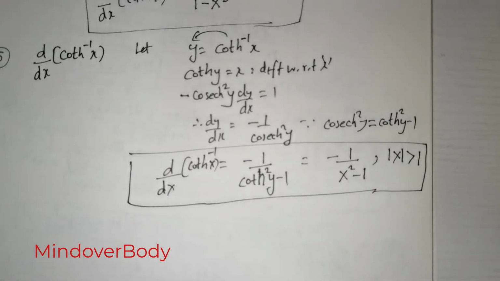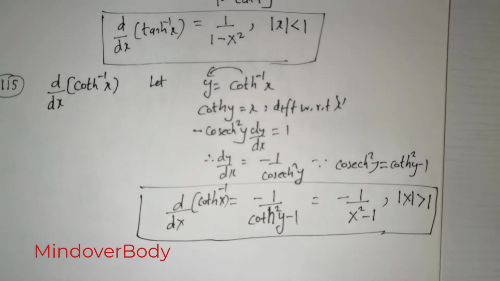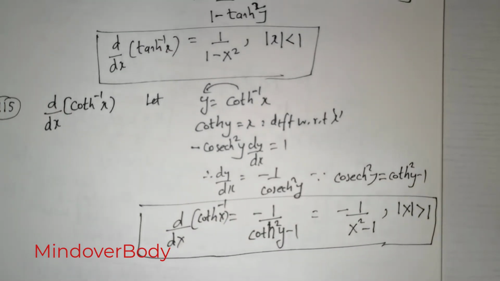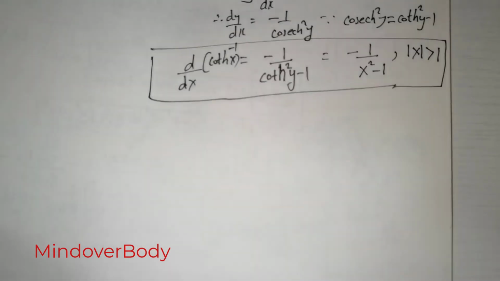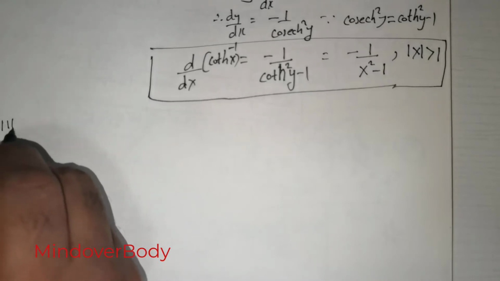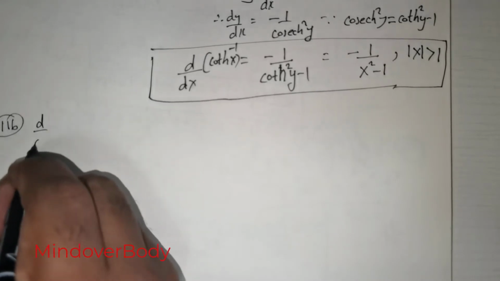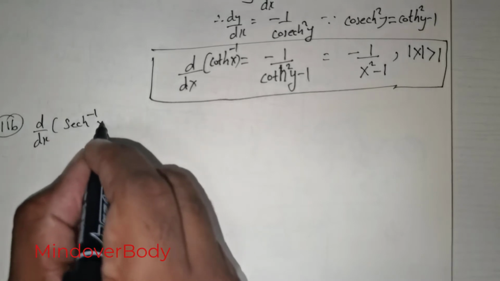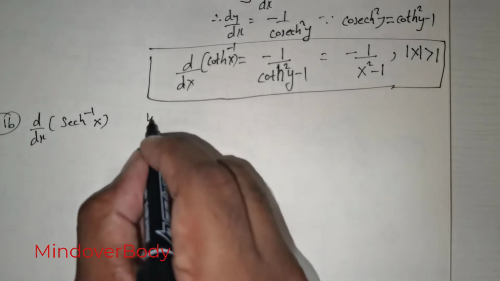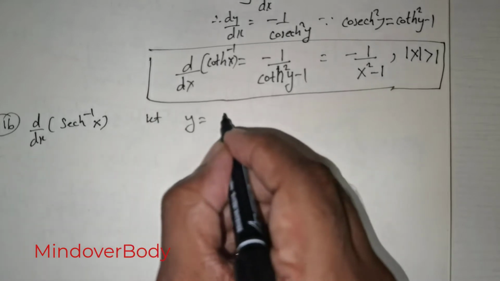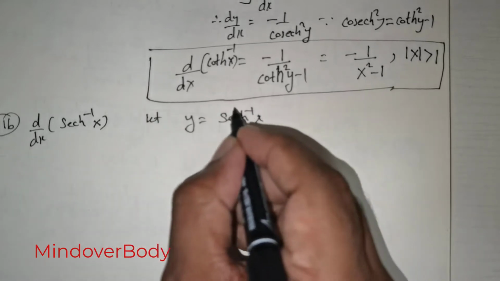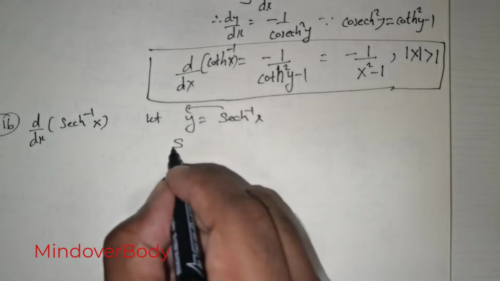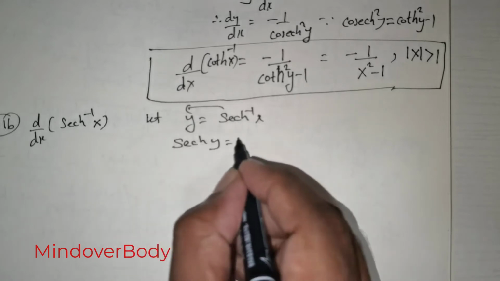So having got this, we will move on to the next question. The next question would be to find the differentiation of secant inverse of x. For this I'm going to say let y be equal to secant inverse of x. I move this to the left side and I would get secant y is equal to x.